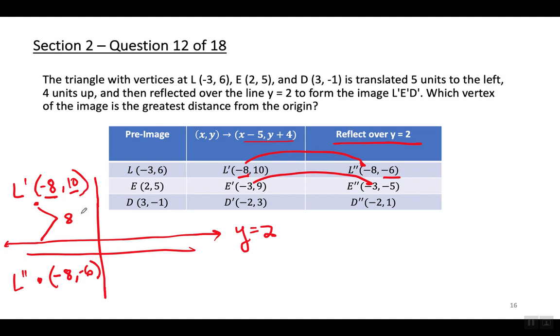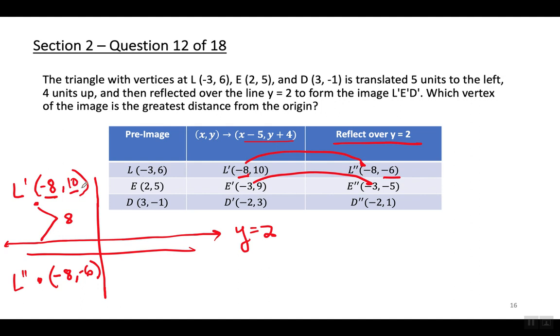En español. Así que aquí tengo el punto L', ¿ok? Si yo reflejo ese punto sobre la línea y igual a 2, el coordinado de x no cambia, se queda igual. Todavía va a estar en el mismo lugar que corresponde al coordinado de x, -8. Lo único que cambia es el coordinado de y.